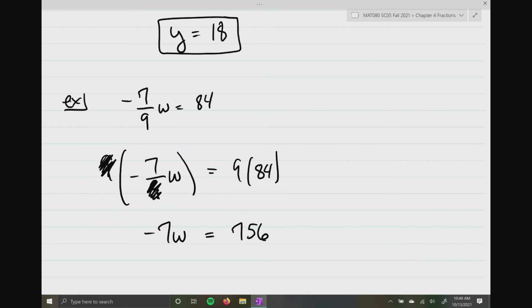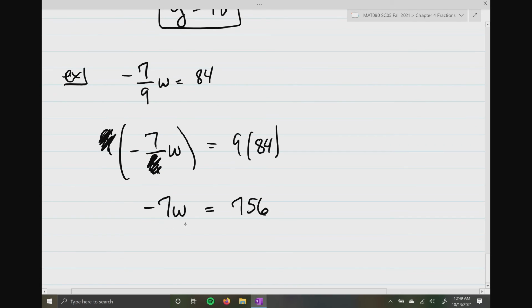What's my next move? Divide both sides by -7. Thank you, Amber. So on the left-hand side, you have -7 over -7. We know that reduces. You're left over with a w. On the right-hand side, a positive number divided by a negative number is negative.